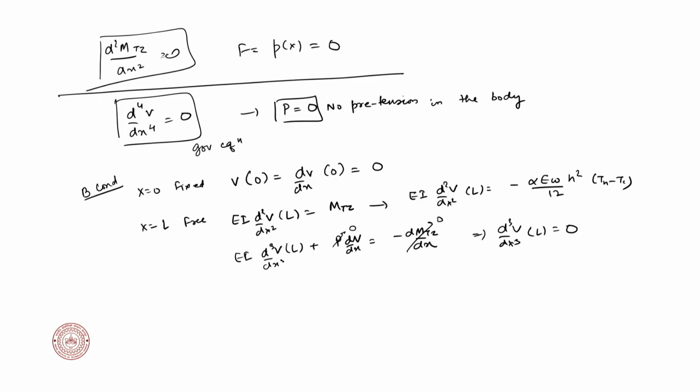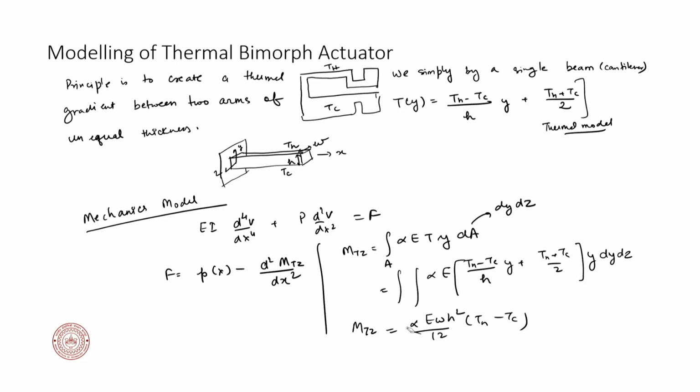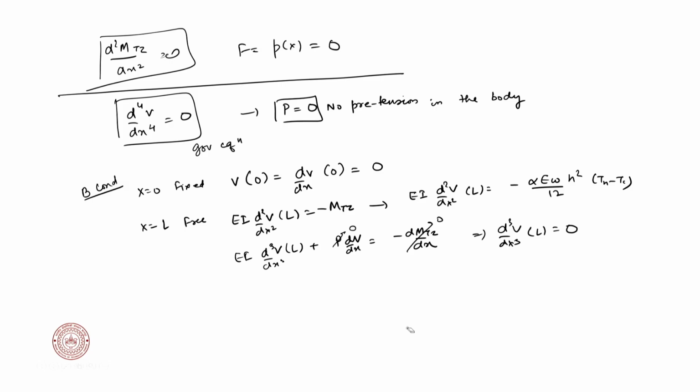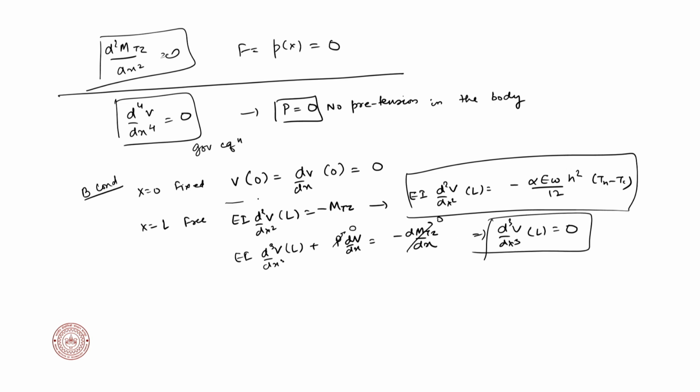I'm sorry, I had a minus over here and this should be plus. So this is one boundary condition and this is a second, and then we have two more over here.